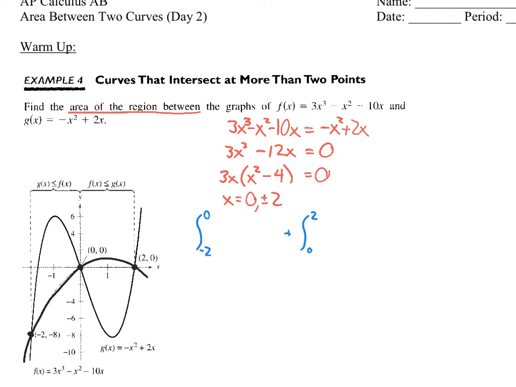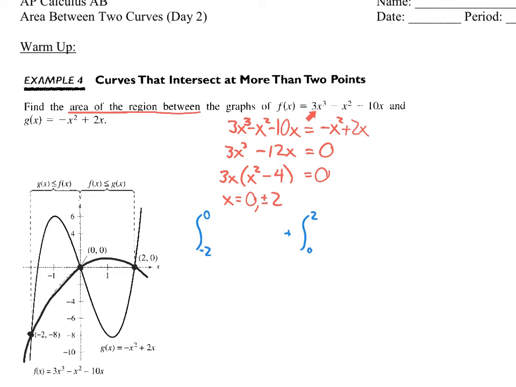Now, if I simply plug in a number in each of these intervals, I'll be able to figure out which one is on top. So for example, negative 1 is between negative 2 and 0. If I plug a negative 1 in here, I have negative 1 minus 2, so that's negative 3.